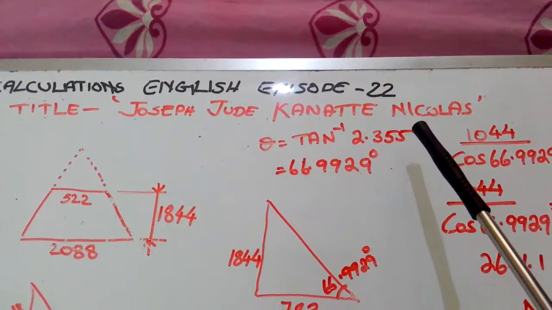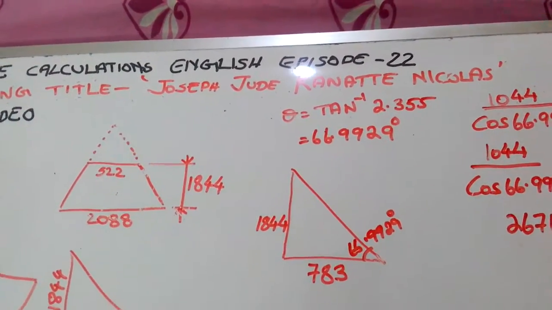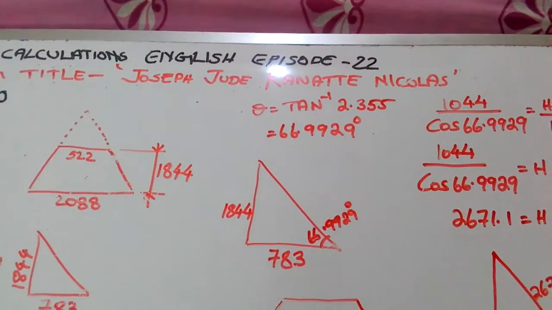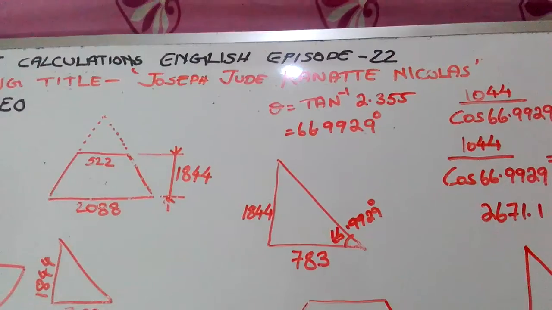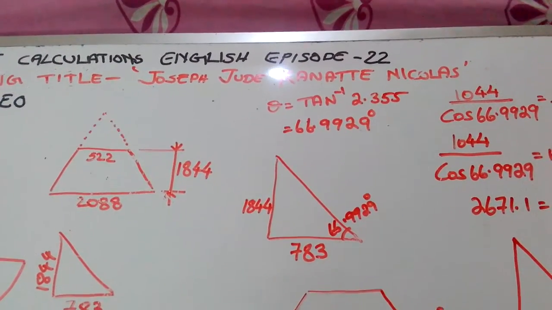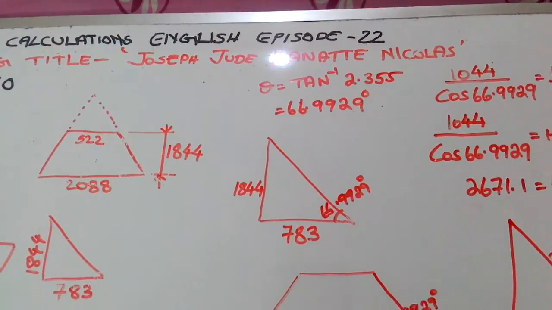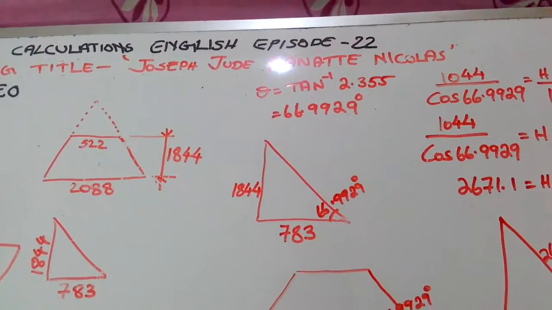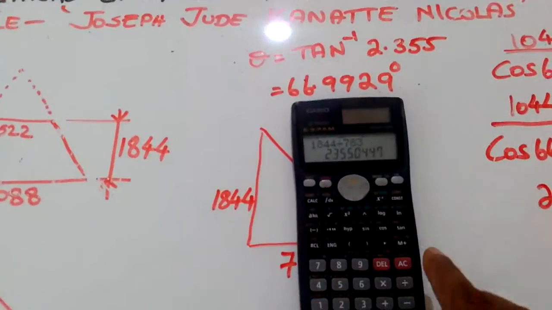So take your calculator and apply tan inverse of 2.355. To get tan in the calculator, you can just press tan. But if you want tan inverse, first press shift, afterwards press tan.